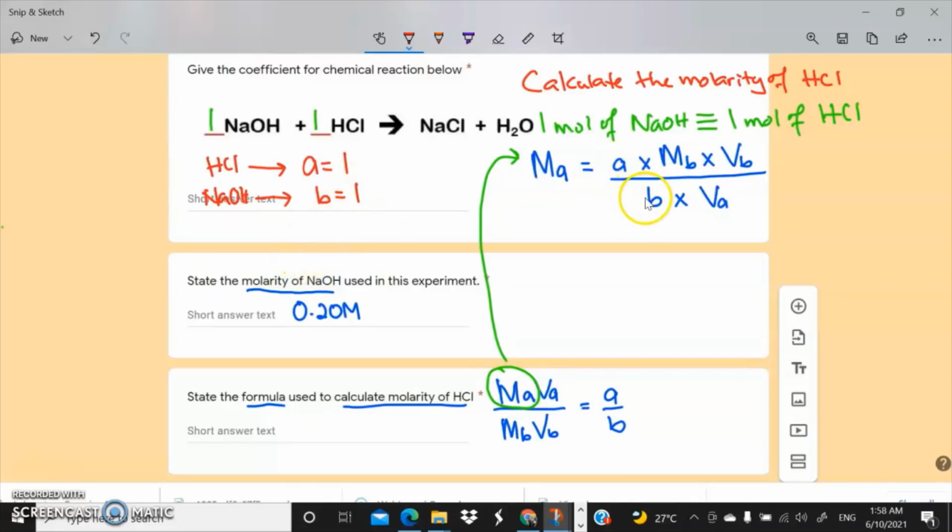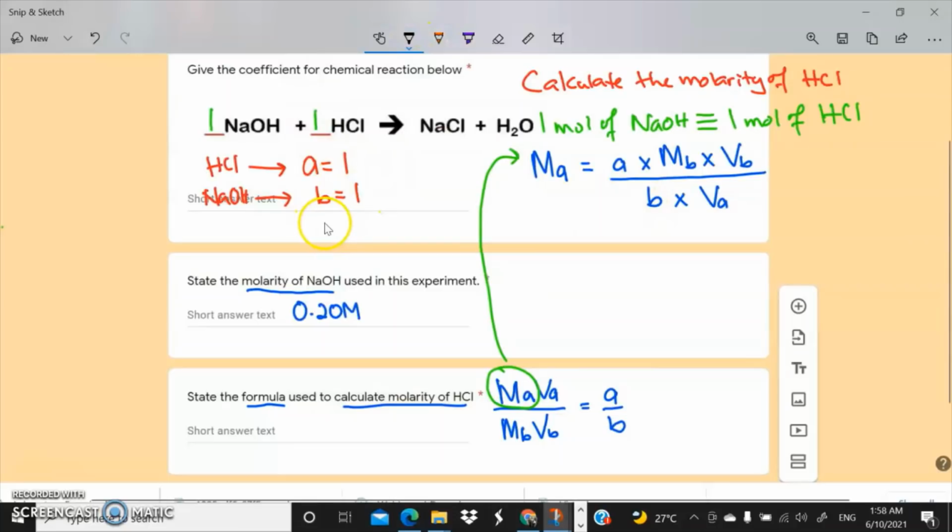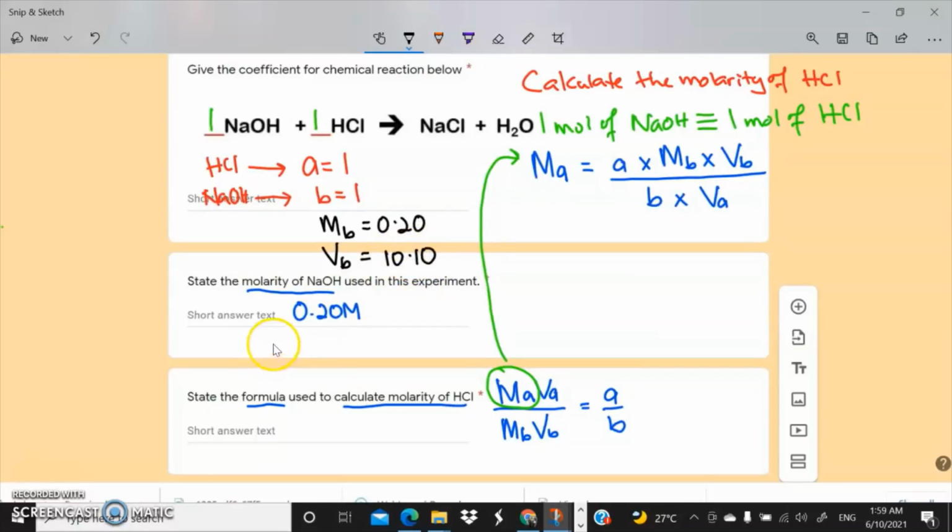Okay, so I already know A and B. Now what is your molarity of NaOH? 0.20. What is the volume of NaOH we use? The average, 10.10. So you already know MB and VB. Now what is your VA? VA means the volume of the acid we use. The volume of the acid we use is 10.00.